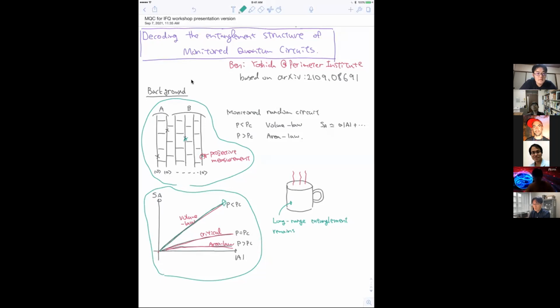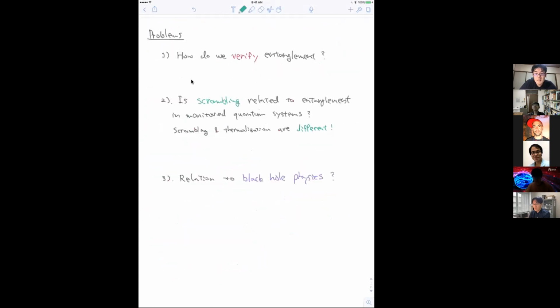For example, a cup of coffee we drink every day is a many-body quantum system, which is continuously monitored by ourselves. So these results are really interesting because they may suggest the possibility that long-range entanglement may play some essential role in the physics of monitored quantum systems, such as a cup of coffee, or for us, maybe a black hole.